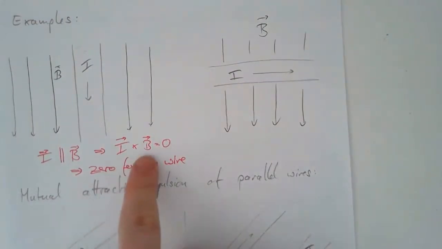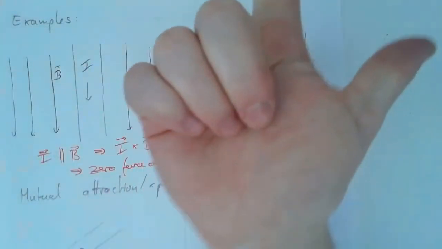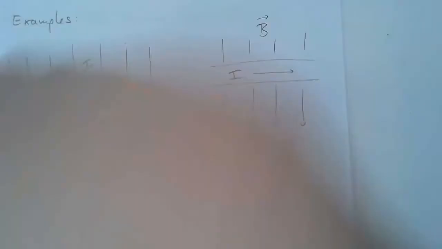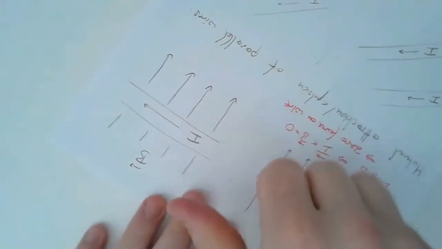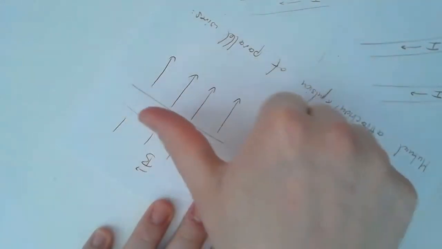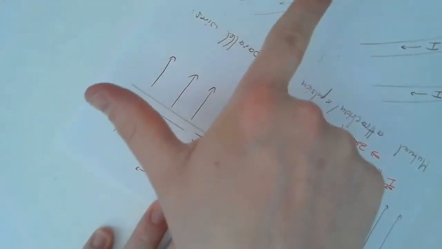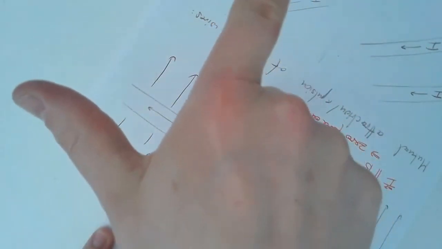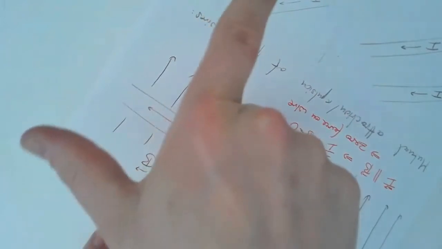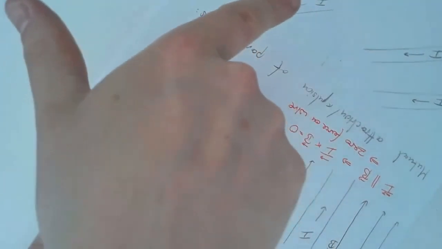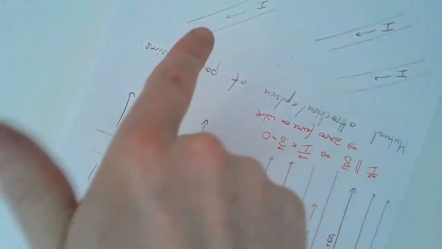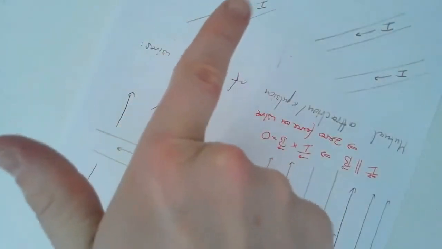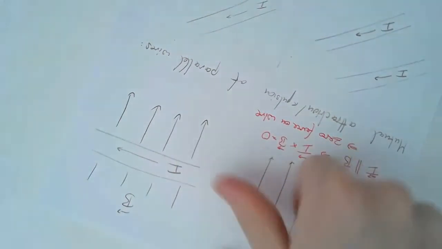Let's apply our law here. So I cross B, so I is the thumb, B is the index finger. I feel like I've done them all the wrong way around. Let me turn this the other way around just to make my life a little bit easier. Thumb this way, index finger this way, so my middle finger, here it is, has to point into the page. Of course, if I turn this whole thing so it becomes awkward with my wrist, the way I'm sitting at my desk, that doesn't change the way the middle finger points.